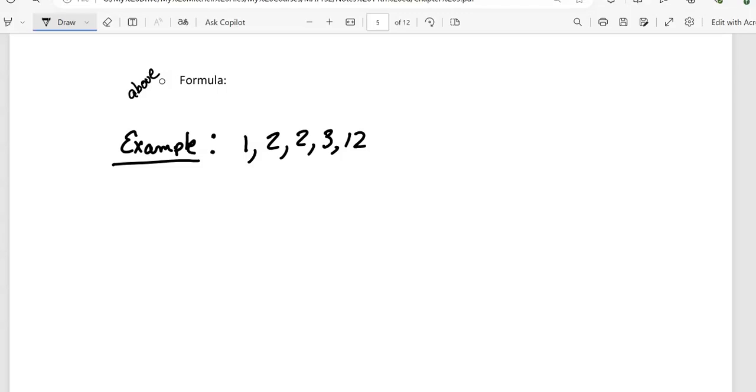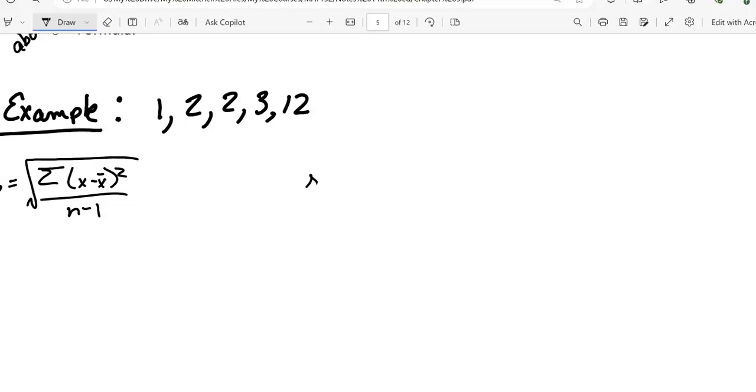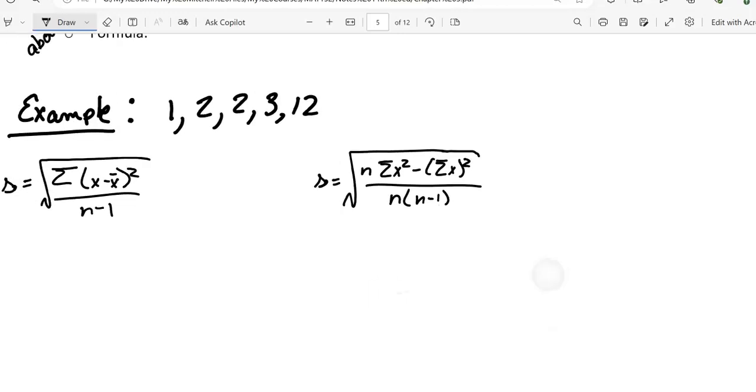So my standard deviation formula is the square root of the sum of (x minus x bar) squared over n minus 1, or we could use s equals the square root of [n times the sum of the x squareds minus the sum of the x's quantity squared] over n times (n minus 1). I'm going to show you how to use both formulas.